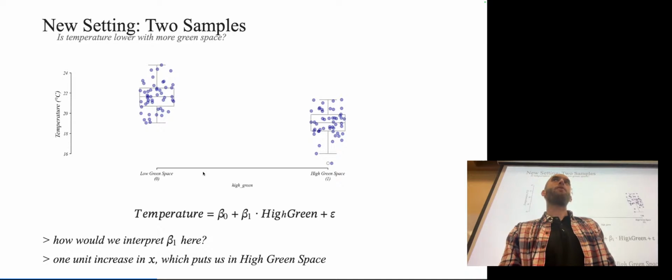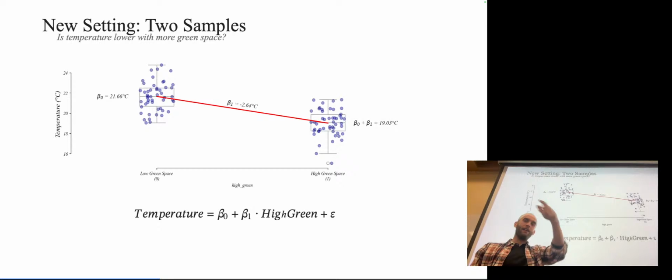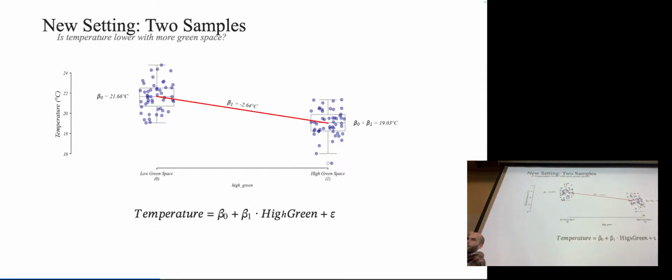Okay, so this may seem like a simple extension, and I hope it does. This is what the model looks like. We just draw a line from the vertical intercept at x is equal to 0, which represents the average temperature of the 0 category, and then we draw a line with a slope equal to beta 1 to the second category.